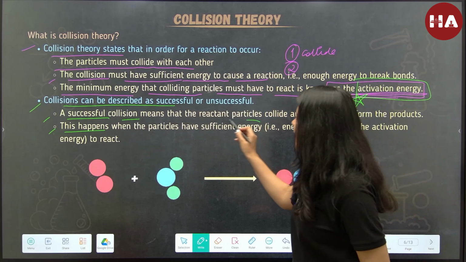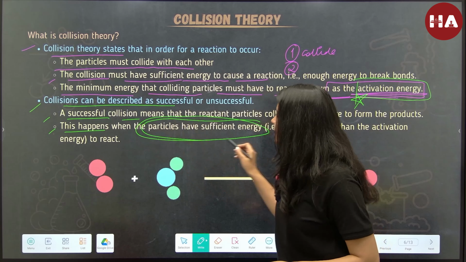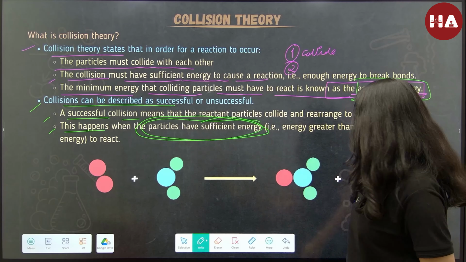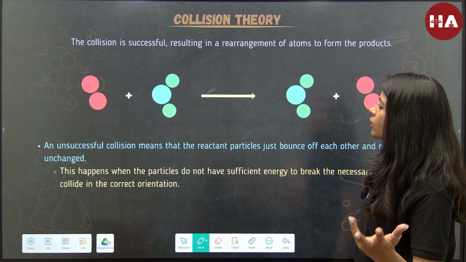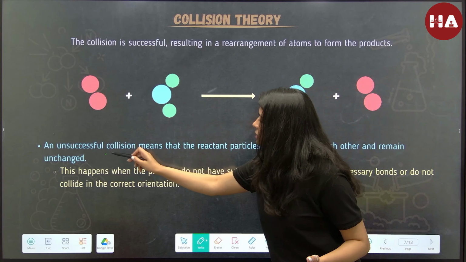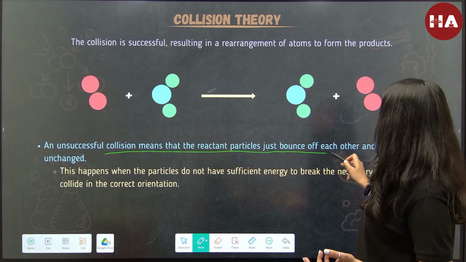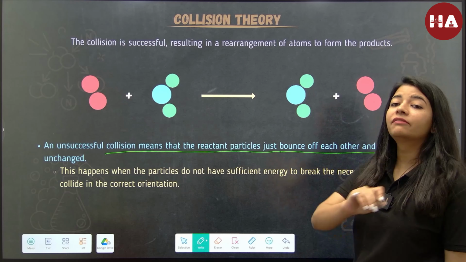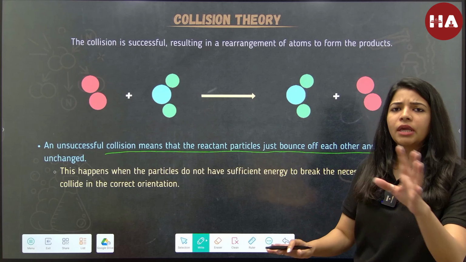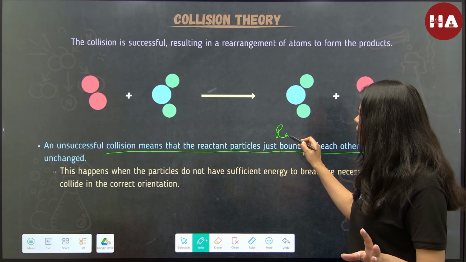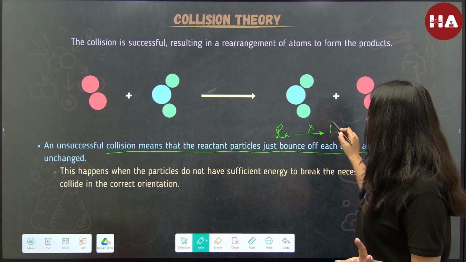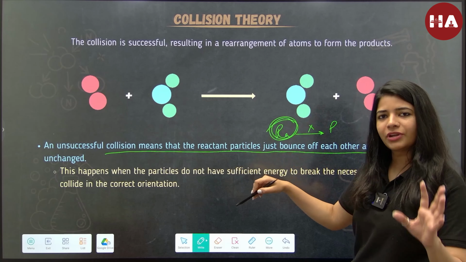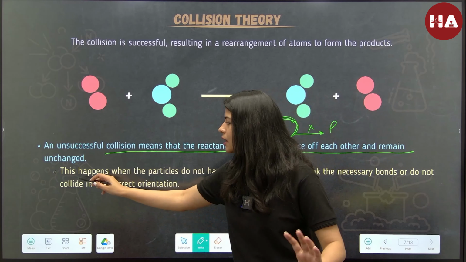Because the particles have sufficient energy, or I can say they have the activation energy, right? And what about an unsuccessful collision? It means that the reactant particles just bounce off each other and remain unchanged. Remaining unchanged means the reactant particles will not produce products, they will remain reactants only. No chemical changes will take place.